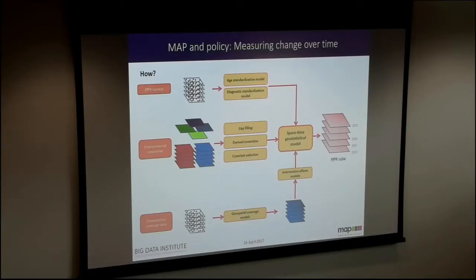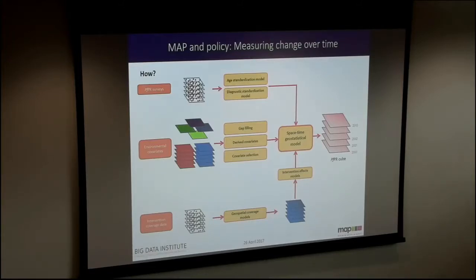We model and derive some of our own bespoke covariates and run that through covariate selection. And finally, because we wanted to know what caused any change over time, we also modeled what the interventions were that were primarily used in sub-Saharan Africa in the last 15 years. This was insecticide-treated bed nets, indoor residual house spraying, and treatment with artemisinin combination therapy.